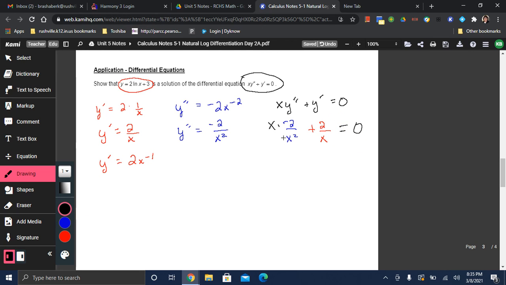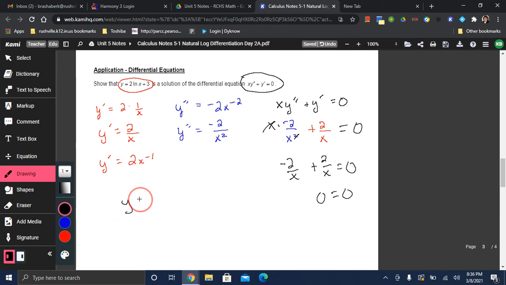Well, the x's here would cancel, leaving us with negative 2 over x plus 2 over x, and indeed we do get 0. So 0 equals 0, and we do have a solution.